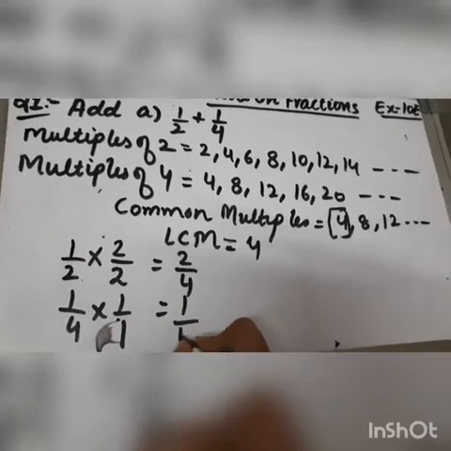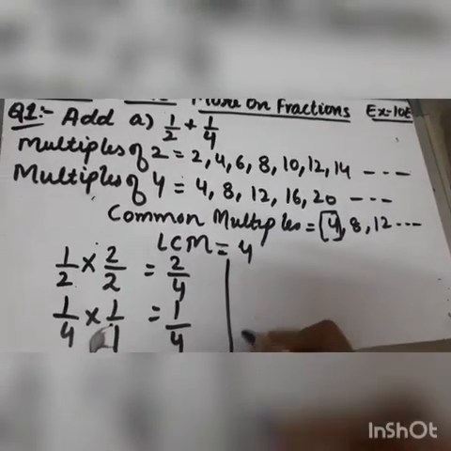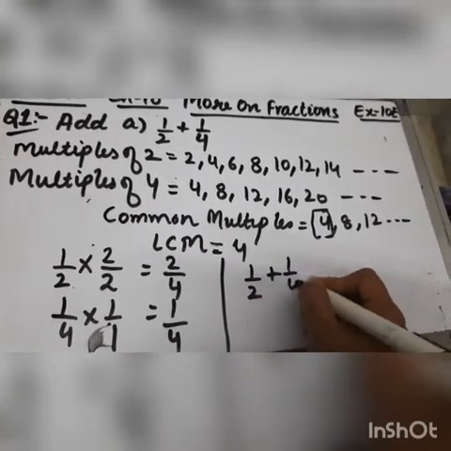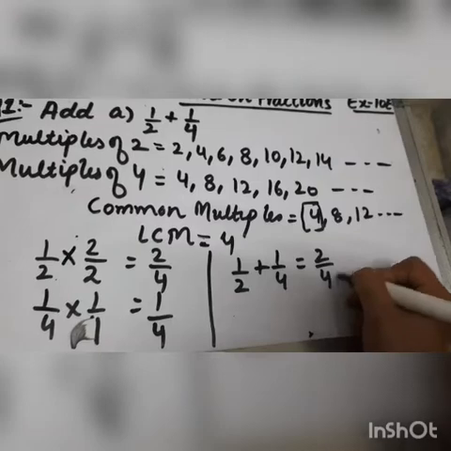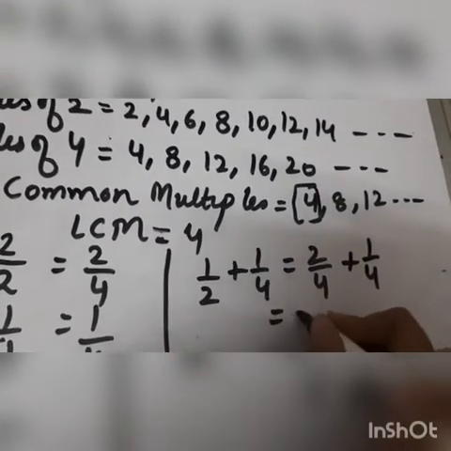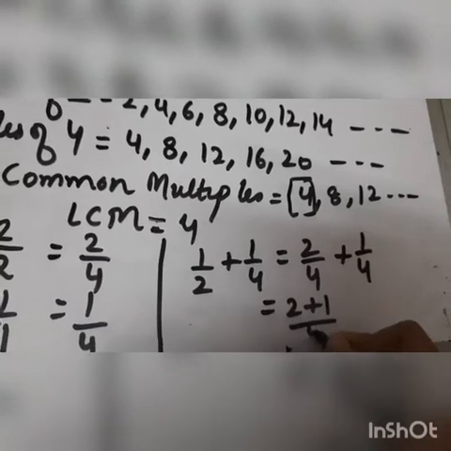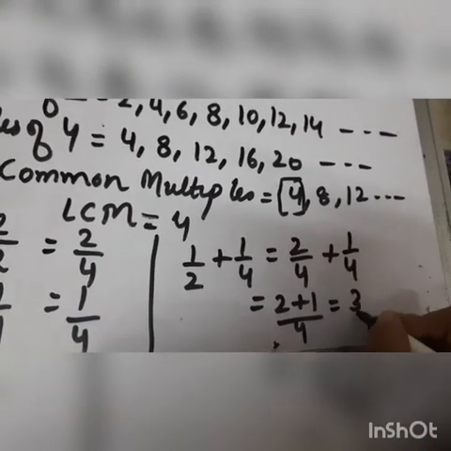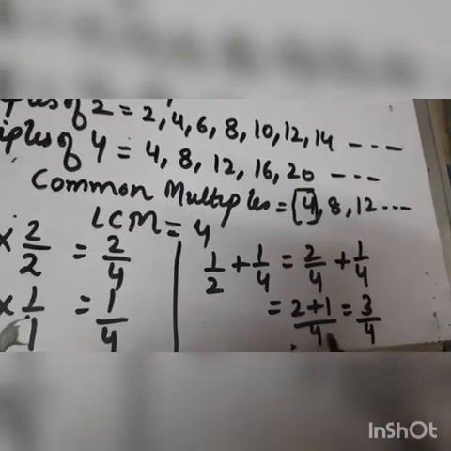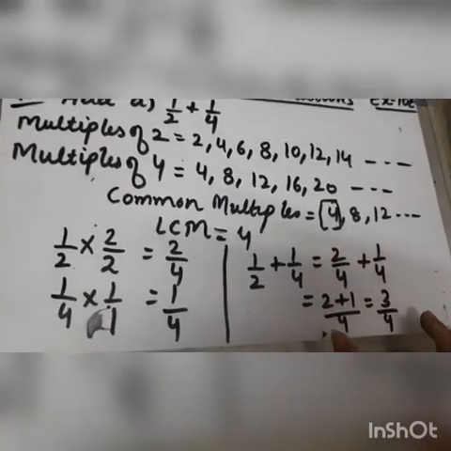So this will be 1 upon 4. Now add the fractions. 1 by 2 plus 1 by 4 is equal to 2 by 4 plus 1 by 4. So this will be 2 plus 1 by 4, which is 3 by 4. Okay, we add the numerators and take the common denominator. So this is 3 by 4.